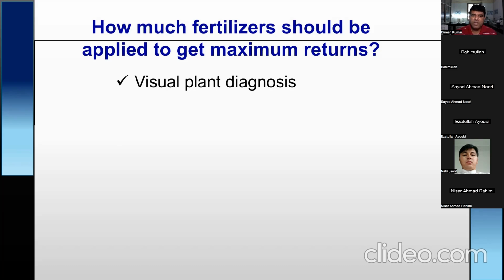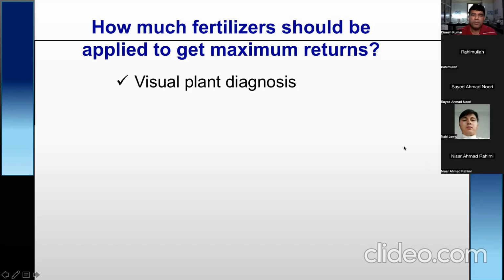In this case, I will go to the field and understand what the deficiency symptoms of nitrogen, phosphorus, potassium, and zinc are. Suppose I know these are the deficiency symptoms of nutrients in a particular crop. Then suppose the older leaves are getting uniformly yellow, I can assume that it is nitrogen deficiency.